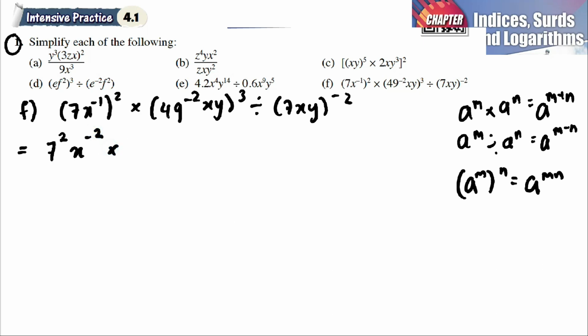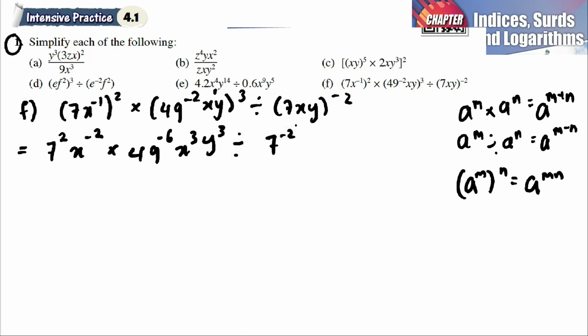Times, so here we have 49 to the negative power of negative 2. So power with power, we have to multiply the power. We get 49⁻⁶. And x to the power of 3, x is actually power of 1, 1 times 3 is 3. And y is also the same. Divided by 7⁻².